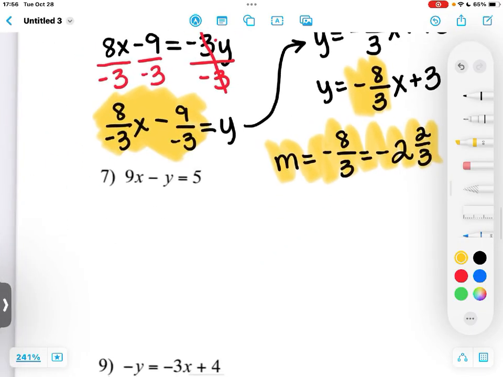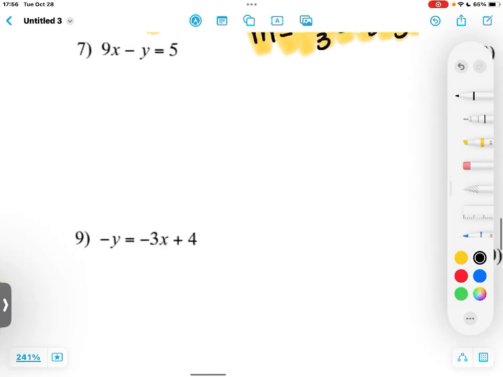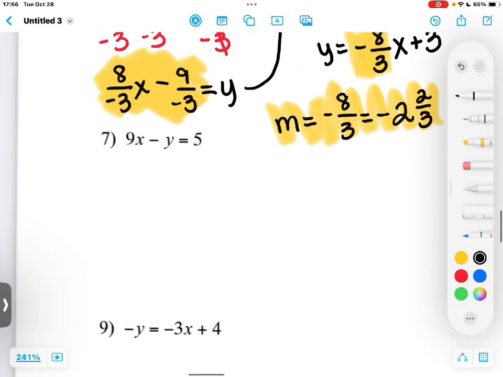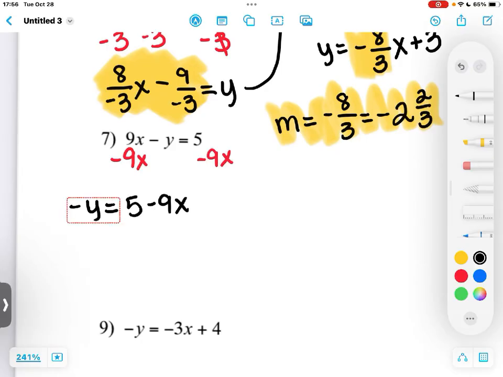Last but not least, our last odd problem, we have 9x minus y equals 5. This one we are going, two more. We got 2 more, sorry. Going a little bit faster, I'm going to start off by subtracting a 9x on both sides to give me a negative y equals 5 minus 9x.